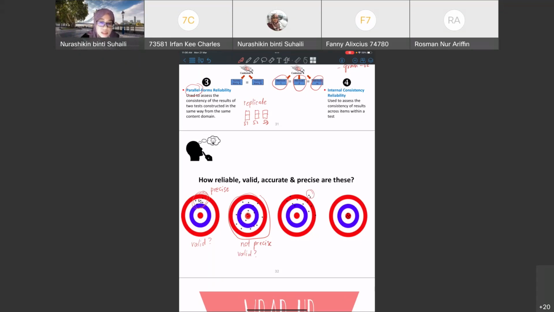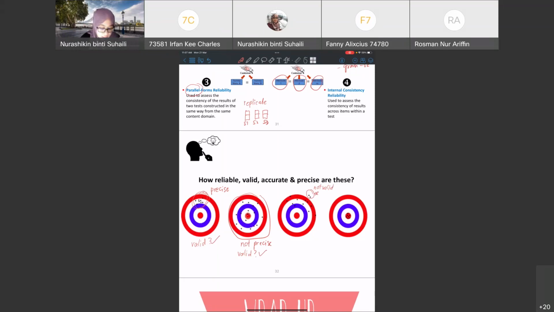Okay, contohnya dalam eksperimen pun dia ada macam konsep macam ni jugalah yang you kena imagine. So kat sini dia valid jugalah. This is valid sebab semua the shots are within the target. So benda ni yang tak valid, this is not valid. I think it's better for you to visualize this kind of illustration.